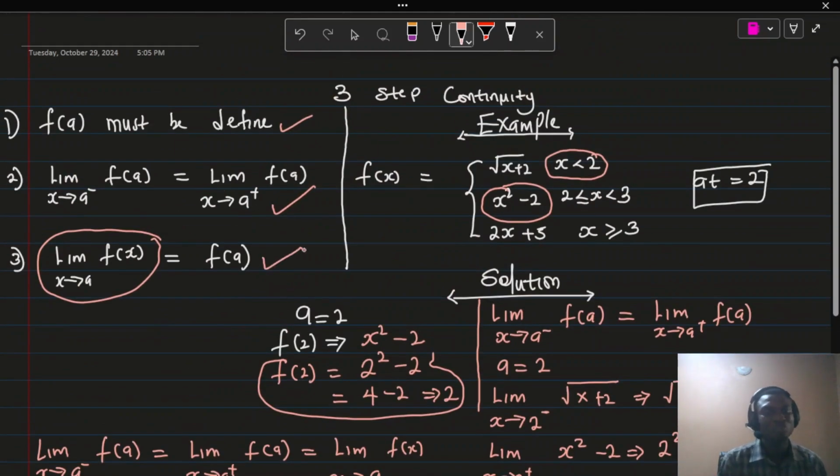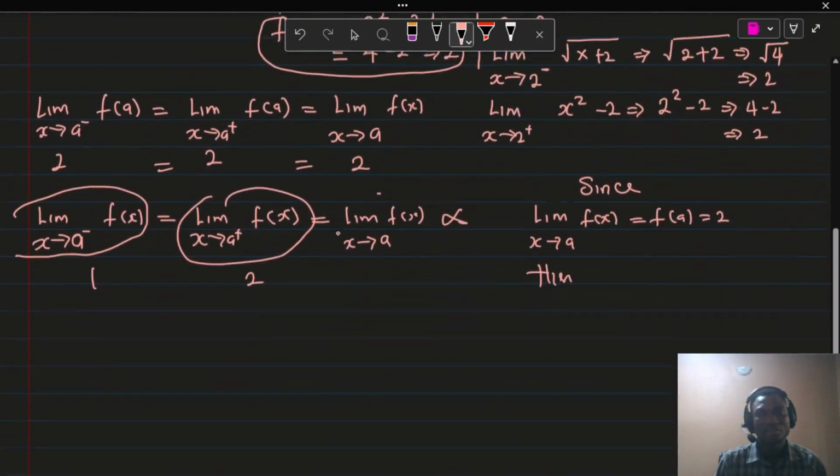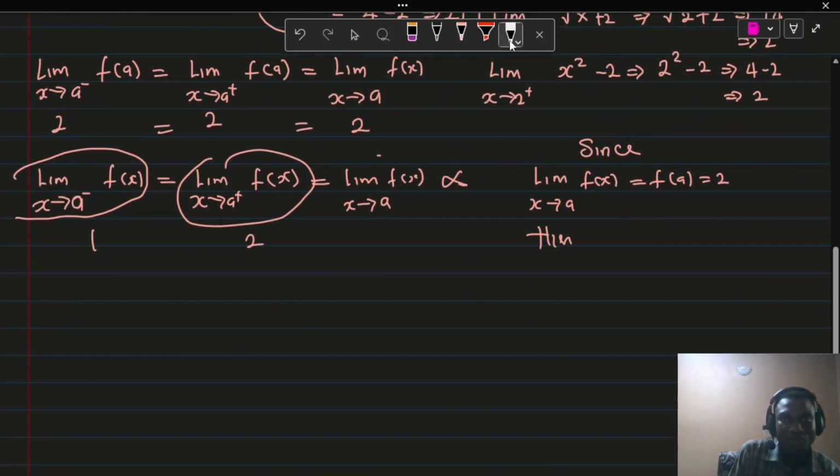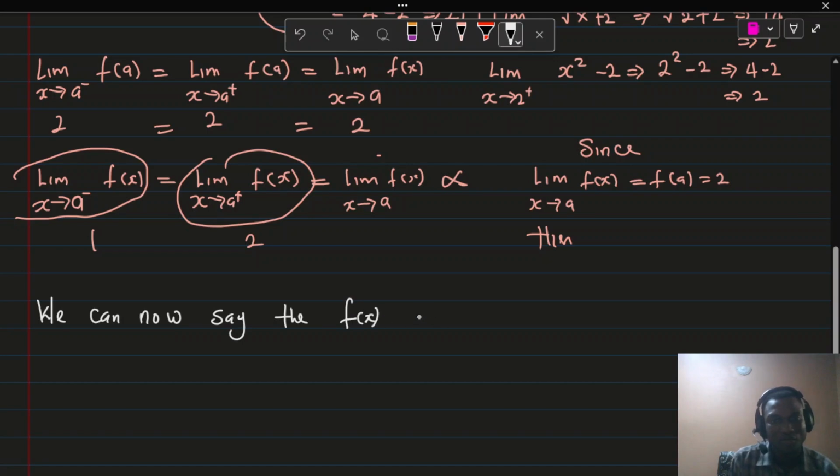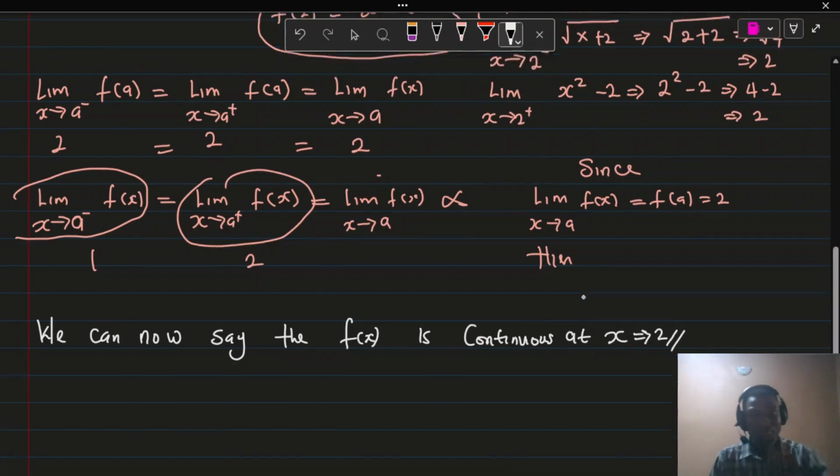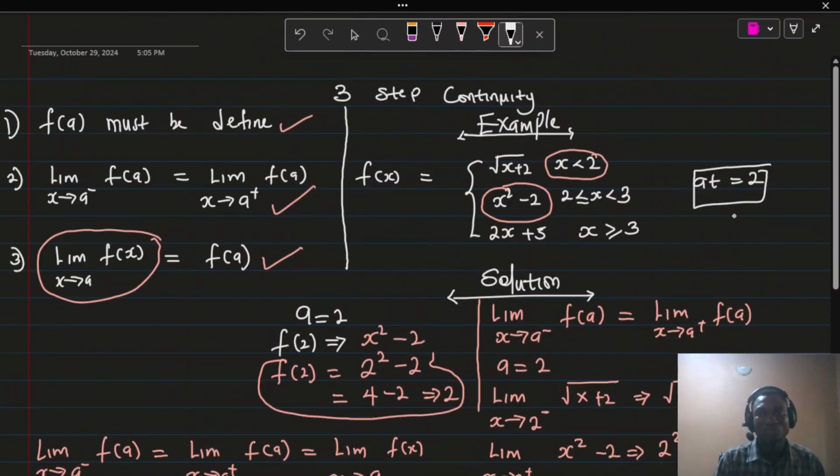If the third condition is also satisfied, it means we can now say the piecewise function f of x is continuous at x equal to 2, and that is how to go about the solving. I will ask you to solve at x equal to 3. At x equal to 3, I want you to give me the answer in the comment section.